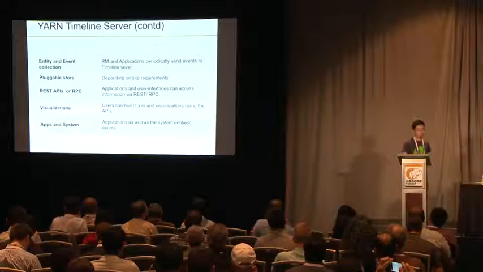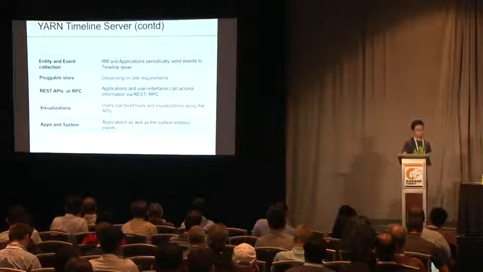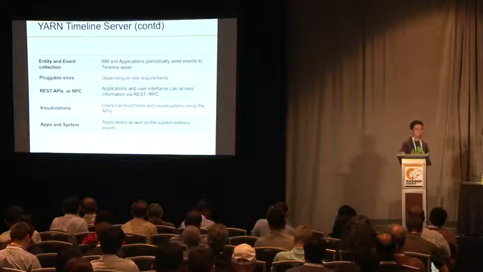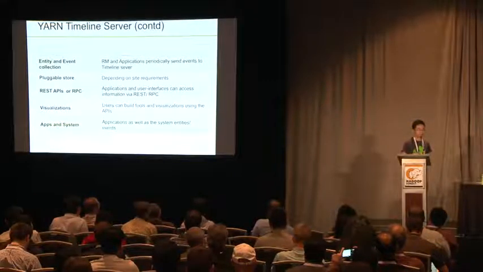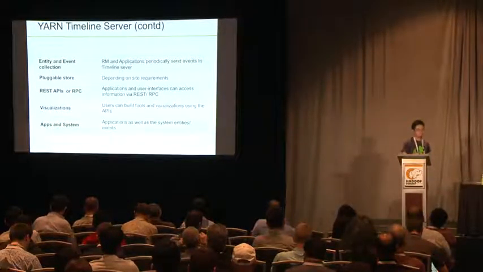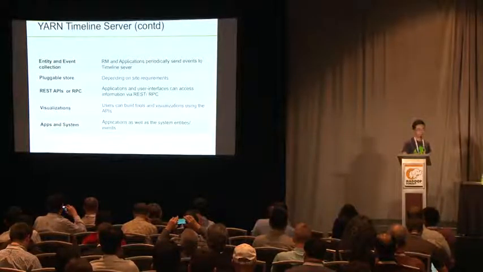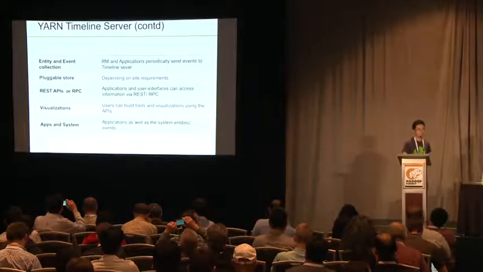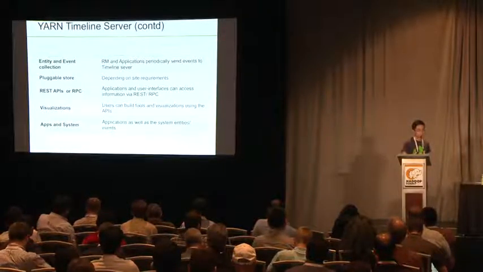And the timeline server itself has a pluggable state store, which can be HBase or LevelDB or just HDFS, and outside clients can build their own visualization tools with the RESTful APIs or just by plain RPC calls. And people are free to define whatever entity, whatever data they want to publish to the timeline server, and they can build their own client for querying such data, such metrics, from the timeline server.